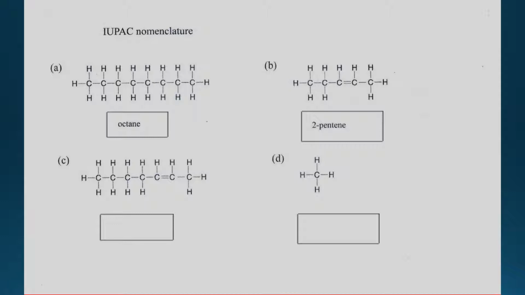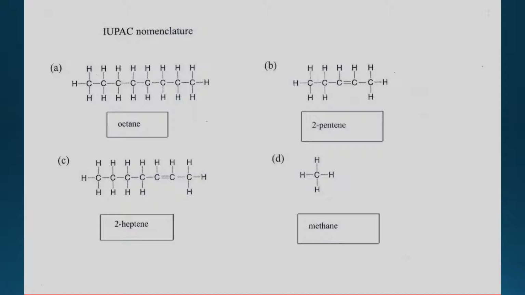C. What's the name? 7C, double bond, position 2. 2-heptene. Last one, 1C, methane.